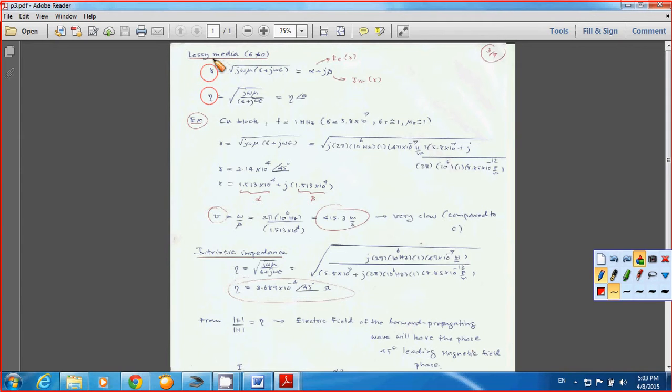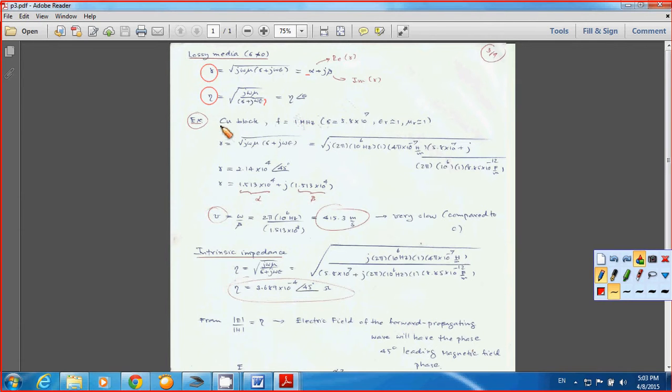Now you take a look at the case of lossy media, when sigma is not equal to 0. What is going to happen? Your gamma is going to end up with both a real part and an imaginary part, so you have both an alpha term and a beta term. Same thing with the intrinsic impedance: you are going to end up with a real part and an imaginary part.